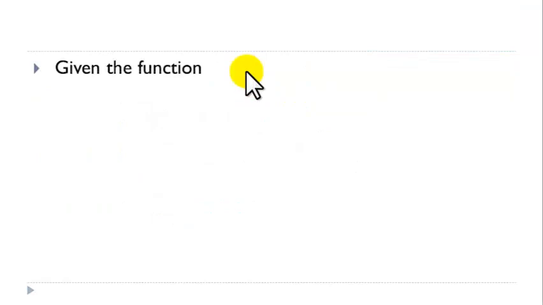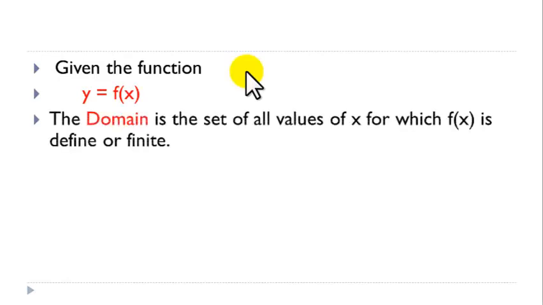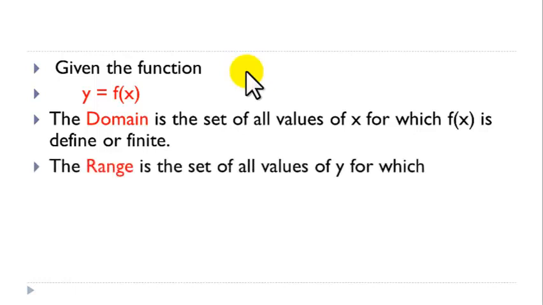Given the function in an expression form y equal to f of x, the domain of f is the set of all values of x for which the function f of x is defined or finite, and the range is the set of all values of y for which y is equal to f of x.